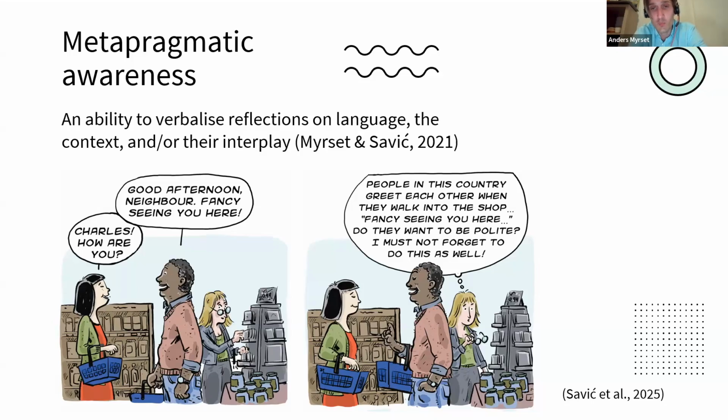And then she comes up with a rule at the end saying that she has to remember this as well. And this is really at the core of metapragmatic awareness in the way that we have been working with it. So trying to find ways that young learners can verbalize reflections on these aspects of communication.